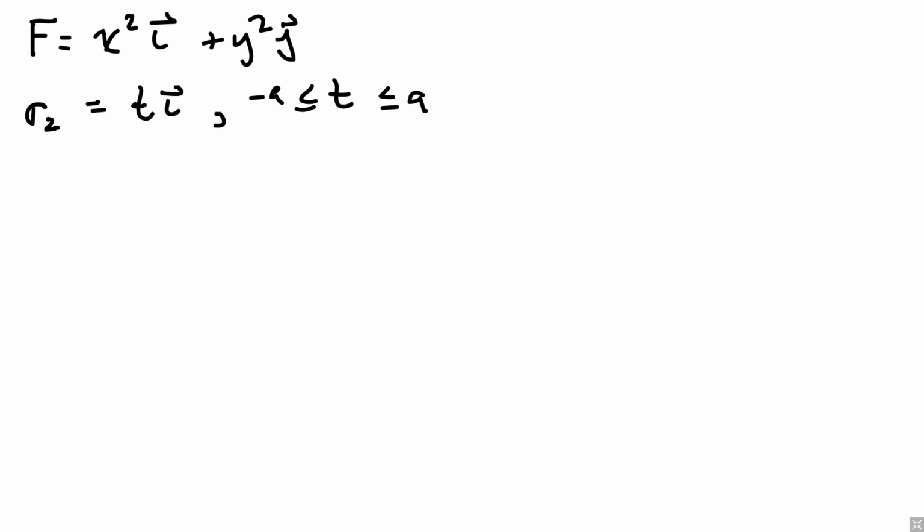So first thing we're going to do is find the force field in terms of t based on the second path. So we're going to plug t in for x. In place of y, we're going to put in 0 because we don't have a j component in that path. So all we're going to end up with is t squared in the i direction.